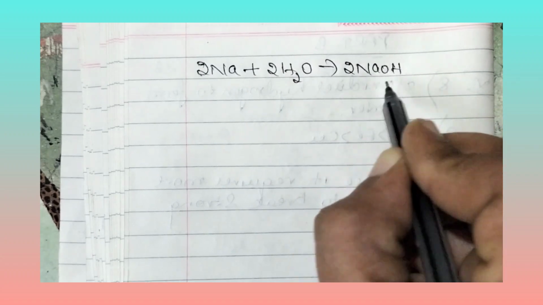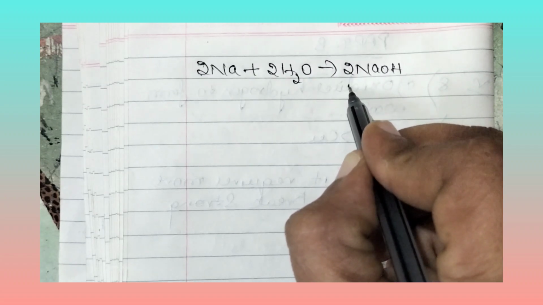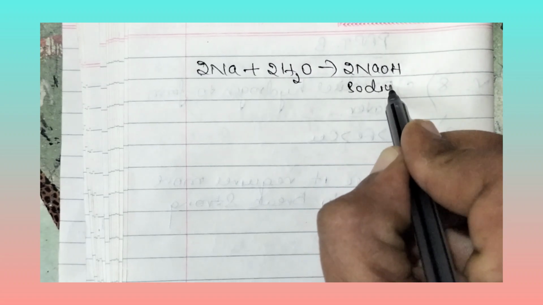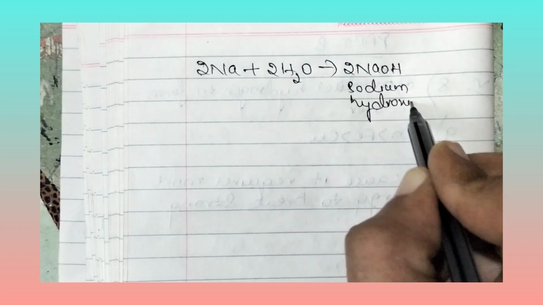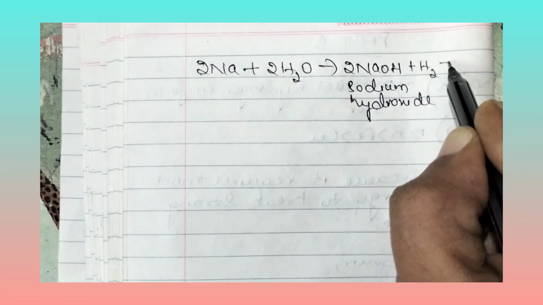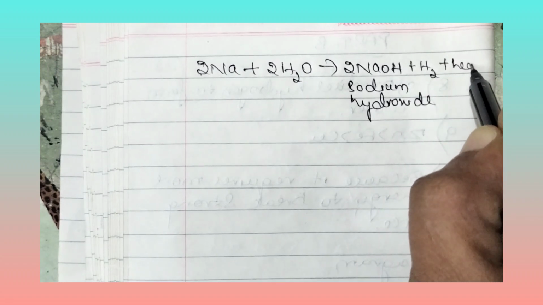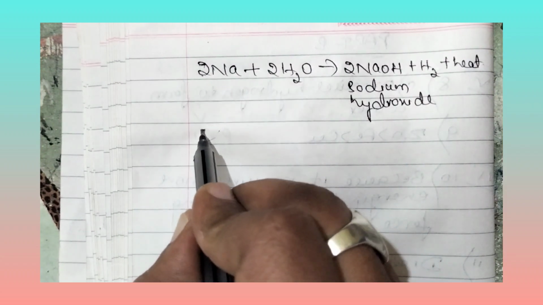Sodium hydroxide is formed, which is a strong base. Along with the sodium hydroxide, it releases hydrogen, and along with the hydrogen it releases energy in the form of heat. Therefore, it is an exothermic reaction.